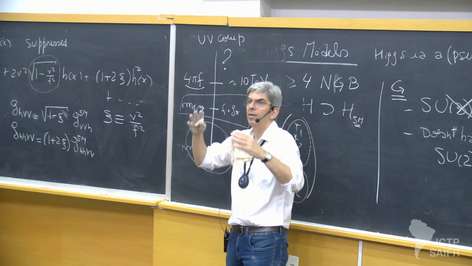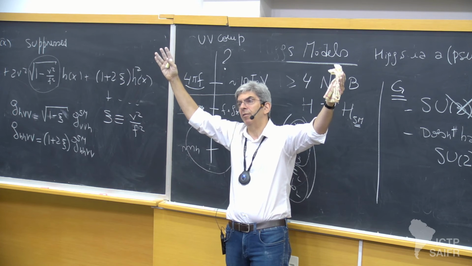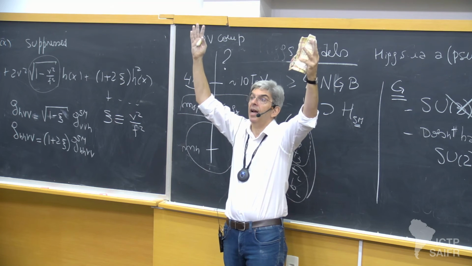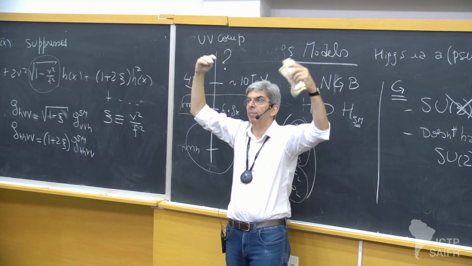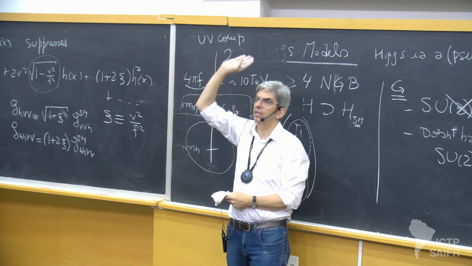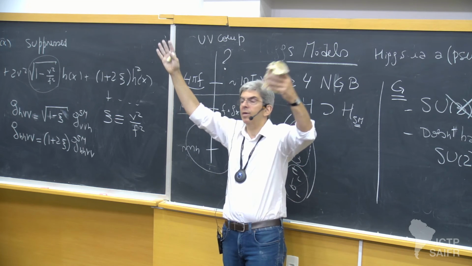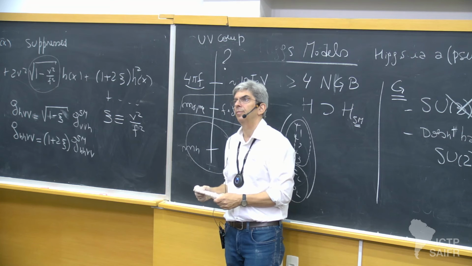The latter are light because they are representations of the broken generators of SO(5), but they can have resonances given by g star times F. So there's a bunch of resonances. Some of them look like heavier standard model particles, and others are completely new.